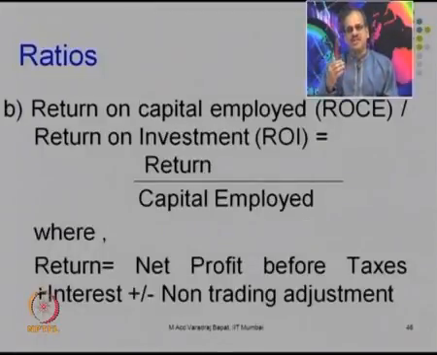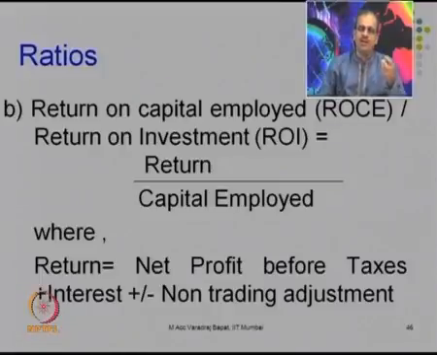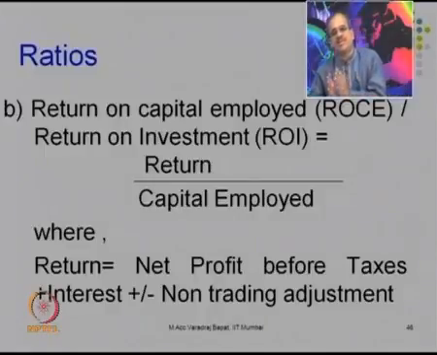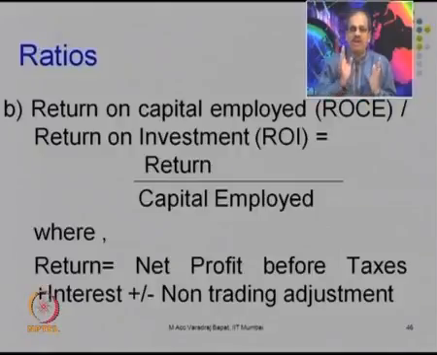The second ratio in this category, which is a little more broad based, is return on capital employed. It is also popularly known as ROI or return on investment. It tries to measure return as a percentage of capital employed. Here the return relates not to profit after tax, but to profit before tax.